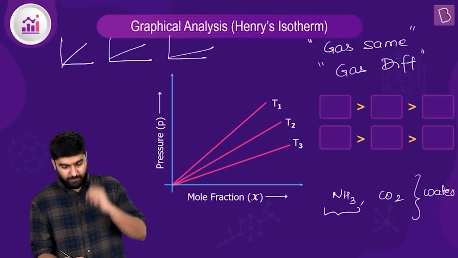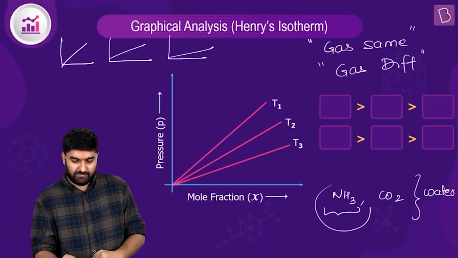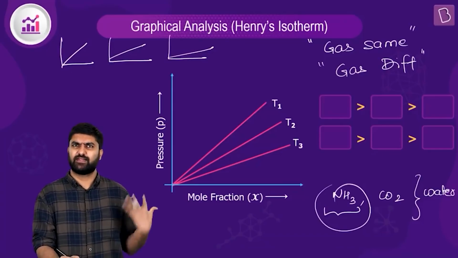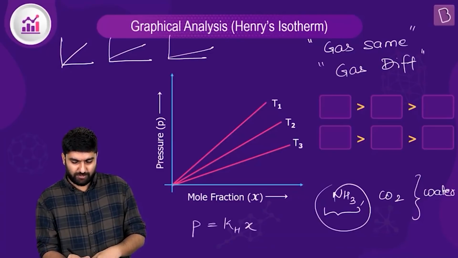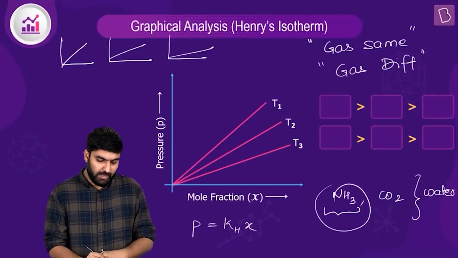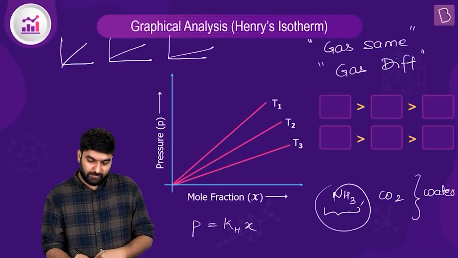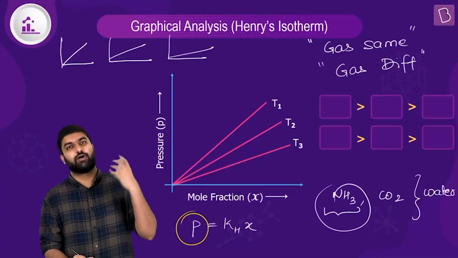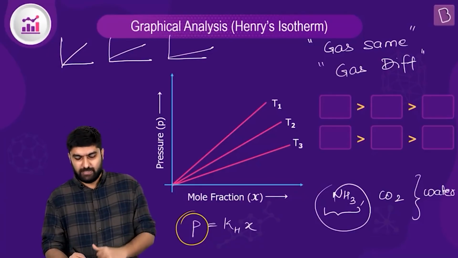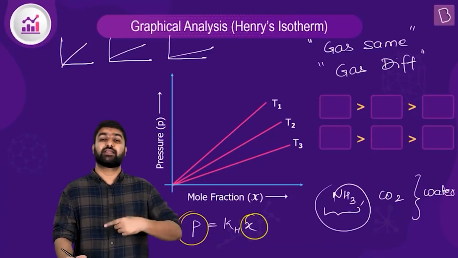Now we know that NH3 dissolves more. So we can say that in this formula, P equals KH multiplied by the mole fraction, for the same partial pressure of NH3 or CO2, the mole fraction of NH3 will be more.